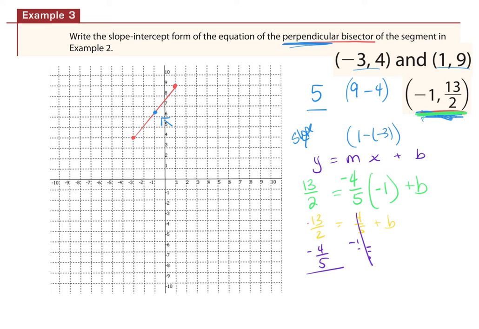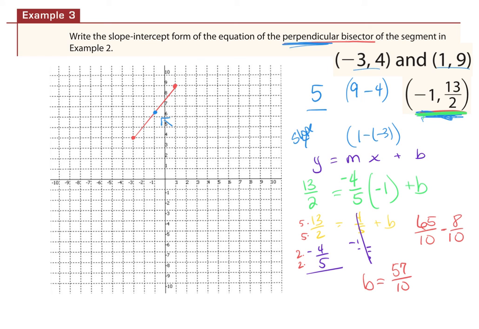So I need to multiply this by 5, and I need to multiply this by 2, right? 5 times 13 is 65. 5 times 12 is 60, right? And then we're minusing 2 and 4 gives me the 8 over 10, right? So 65 minus 8, where am I? 57, right? Over 10. That is my b.